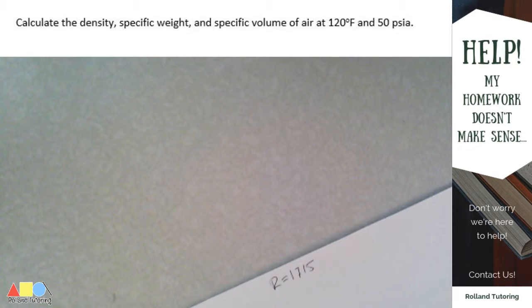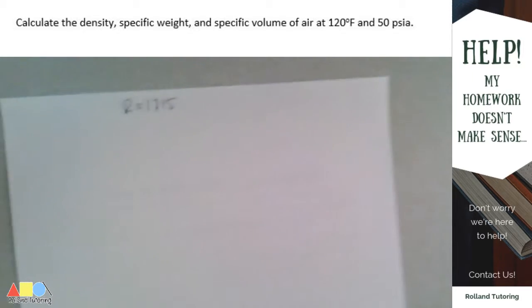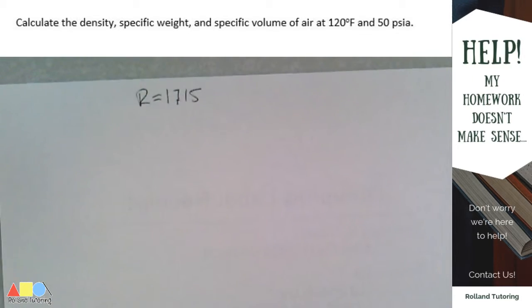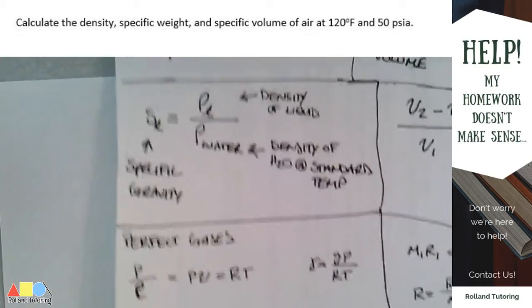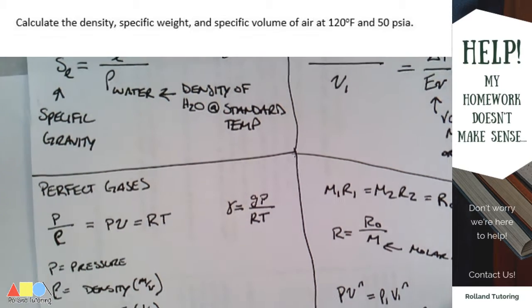Alright, so once we have that, get our book out of the way here, we will use our equation from our equation sheet of perfect gases. We'll use this equation to find our specific weight before we find our density and volume.